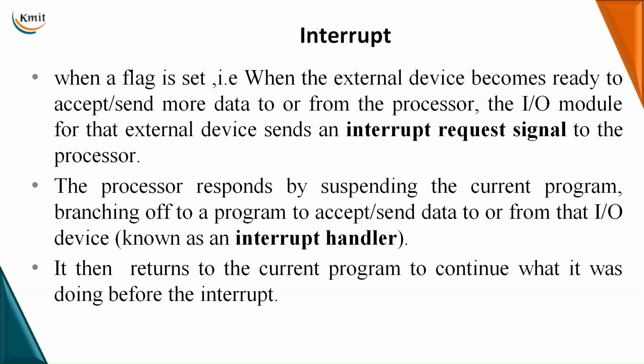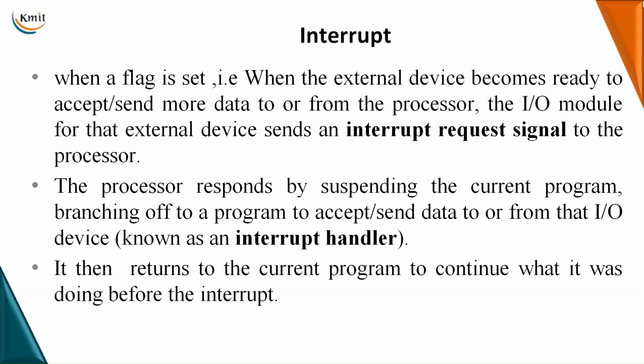So basically, an interrupt is used by the input-output devices. Rather than wasting CPU time, the CPU continues with the execution of other programs. Whenever these input-output devices are ready for transferring information, they intimate the CPU with a special signal called the interrupt request signal.